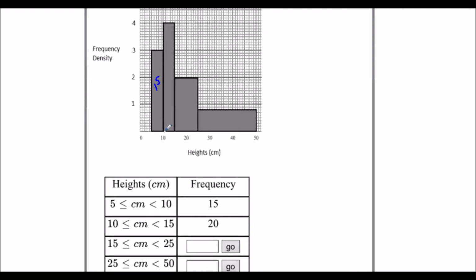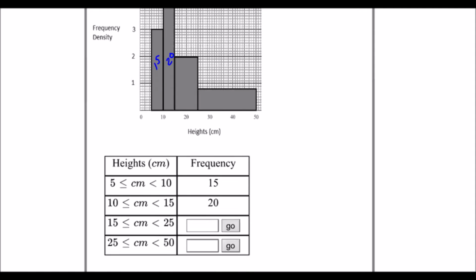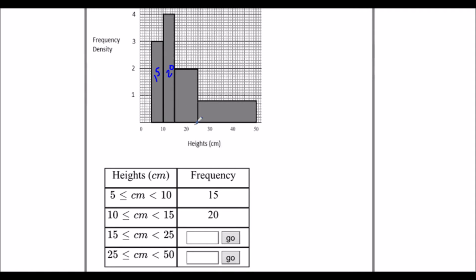So the second one, we've got a width of 5, a height of 4. 5 times 4 is 20. So those two are given to us. The next one's got a width of 10 and a height of 2. So 10 times 2 is 20.